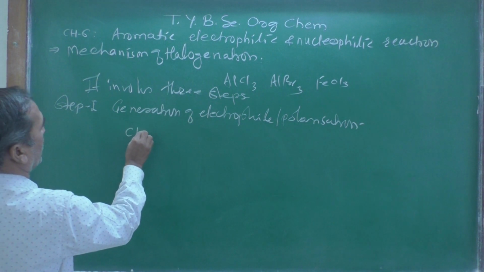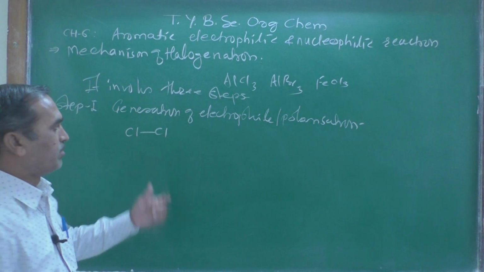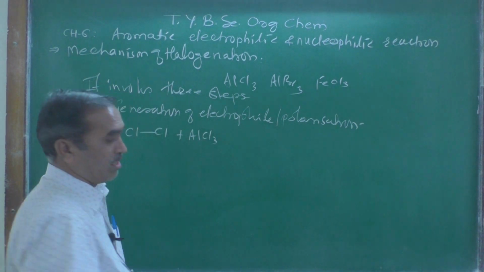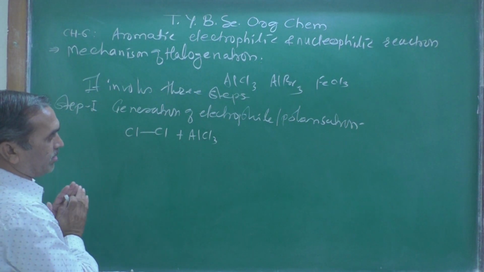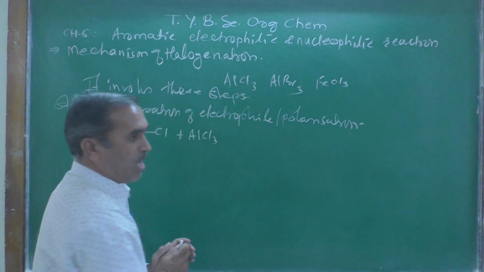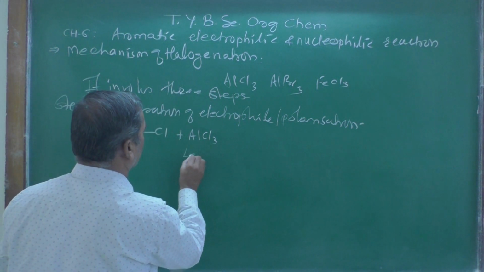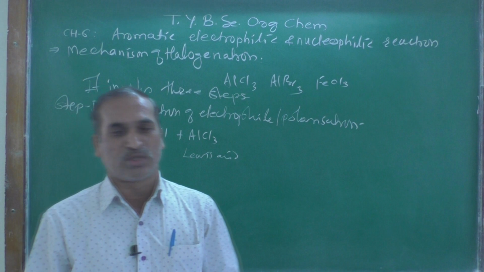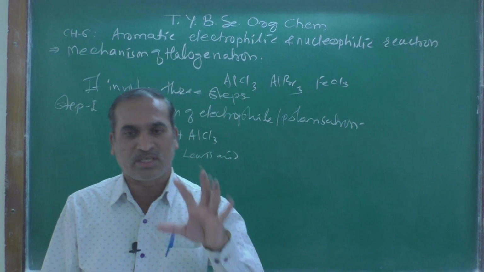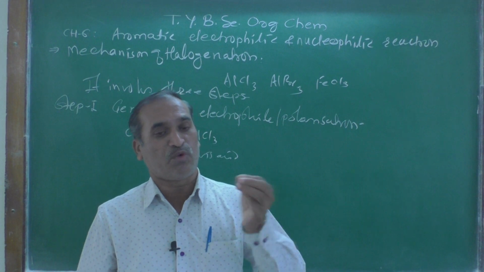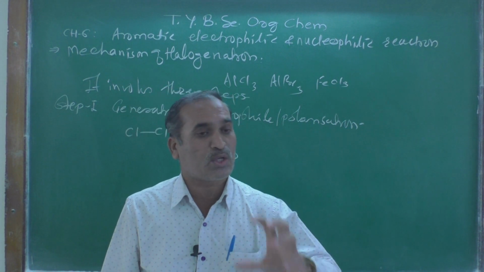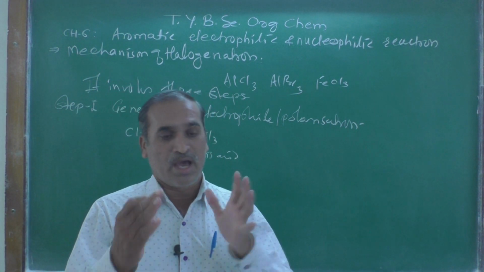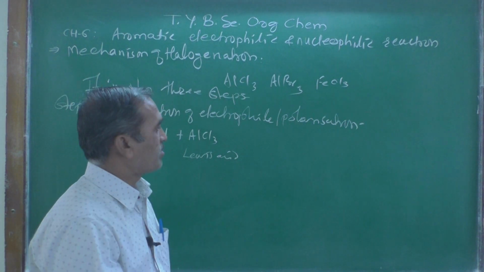Suppose chlorine, and as we know the chlorine molecule gets polarized by adding AlCl3. This is a chlorine molecule, and this is aluminum chloride. It is a Lewis acid. Why is it a Lewis acid? As we know, electron deficient species or species which carry a positive charge are called Lewis acids, and here aluminum has an empty orbital, and therefore it acts as a Lewis acid.